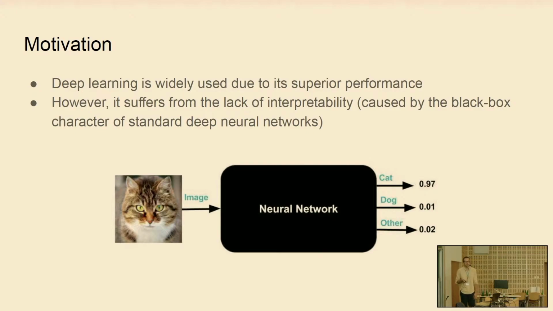So for the given image, like this image of a cat, we know that the probability of the cat is 0.97, but the question is, is it because of the color, which is usually like that in case of cats, right? So we don't know, and we should definitely check it before putting this model into work.